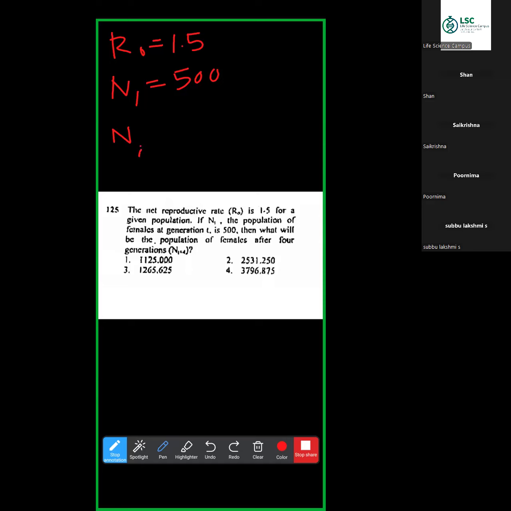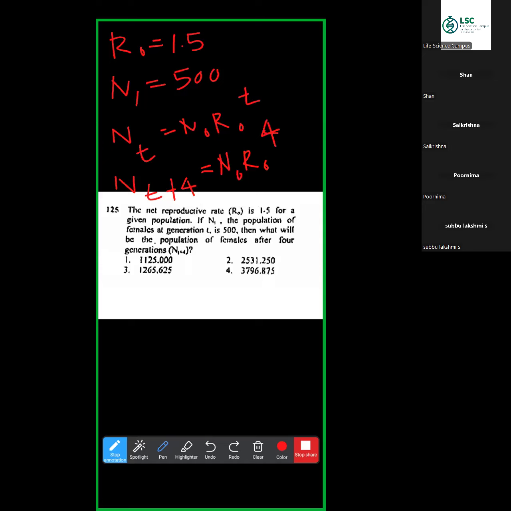N0 is equal to NT into R0, N0 into R0 raised to T. So here we want to find out the population size after 4 generations, that is NT plus 4. So N0 into R0 raised to 4.